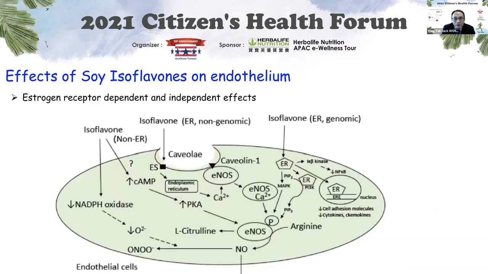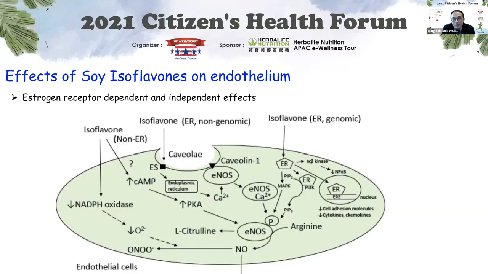The mechanism for isoflavone-induced vasodilatation, as with estrogen, is assumed to be mainly through stimulation of nitric oxide production in endothelial cells via both genomic and non-genomic estrogen receptor-mediated activation of eNOS.